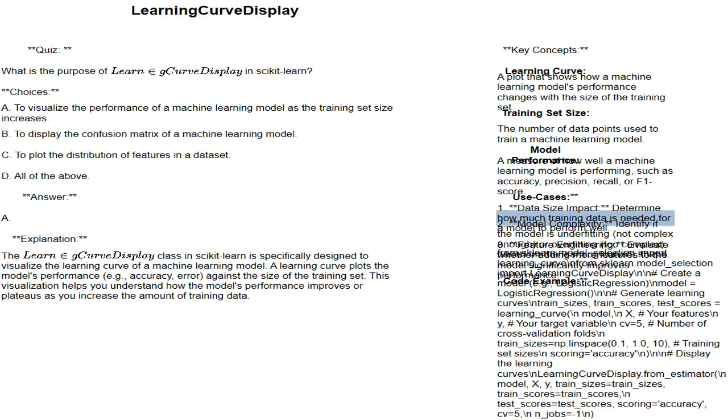Data size impact: determine how much training data is needed for a model to perform well. Model complexity: identify if the model is underfitting, not complex enough, or overfitting, too complex, based on the learning curve's shape.